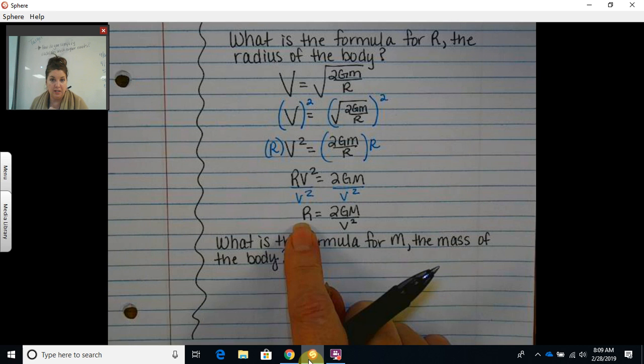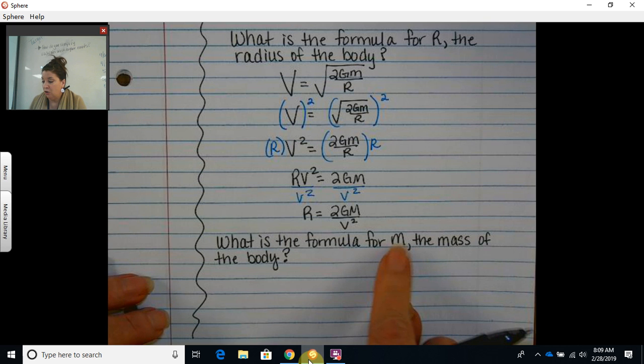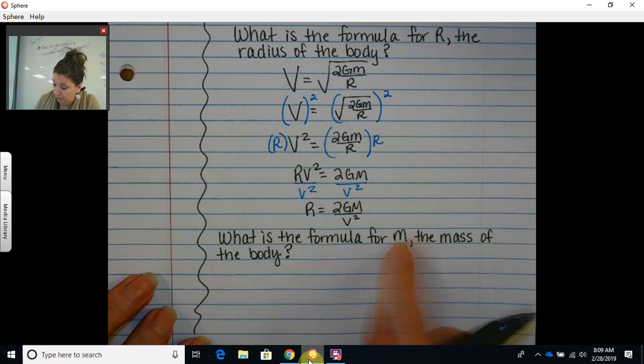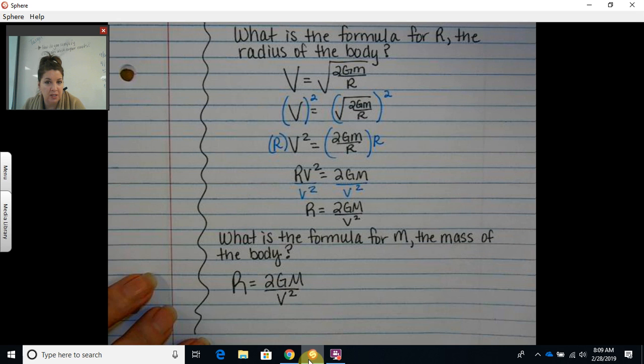We could look at the formula that we just created for the radius. It doesn't matter which one we pick, they're the same formula, they're just in a different format. All right. So I'll just use the radius formula, and I will write a formula for the mass. So that's where I'm going to start. But again, if you wanted to go back to the original formula, that's fine.